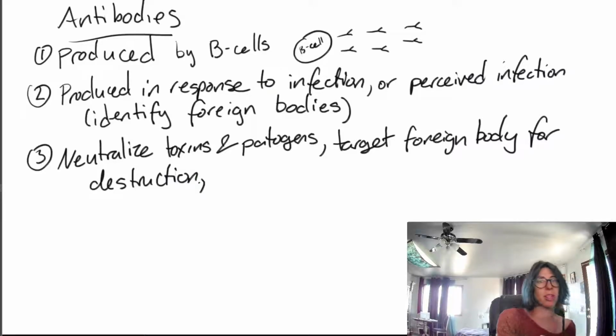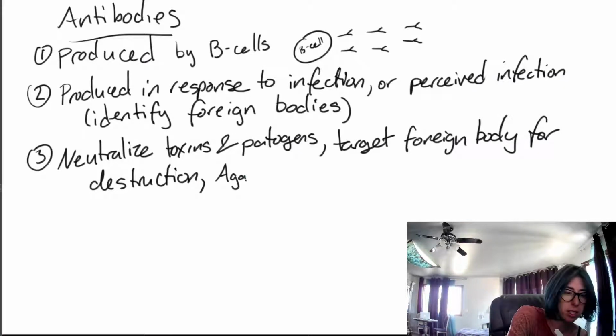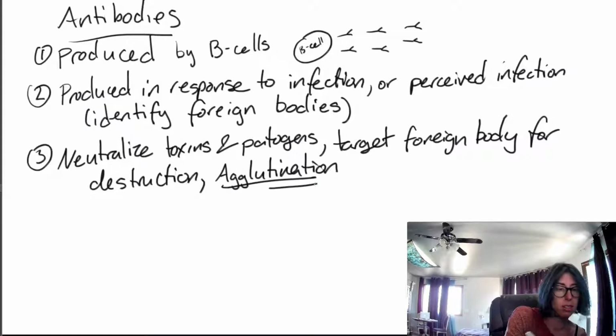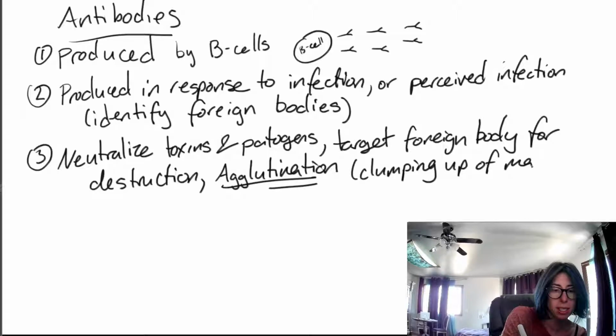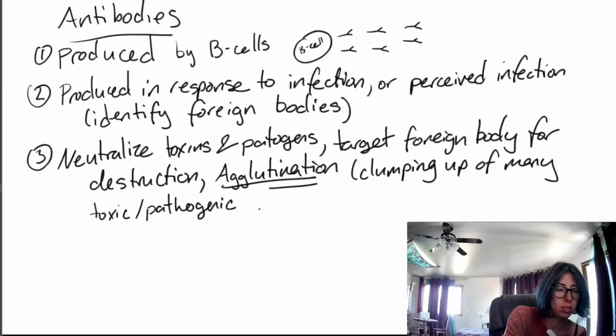And another important thing that comes up with blood typing in a lab or blood compatibility is agglutination. So there's this fancy word, agglutination. And what that really means is clumping up. So clumping up of many toxic or pathogenic particles in one place.